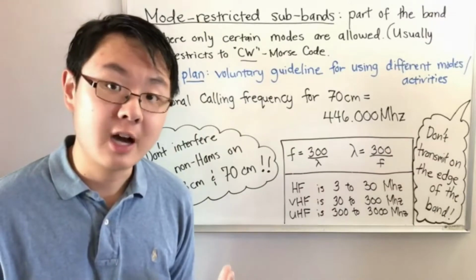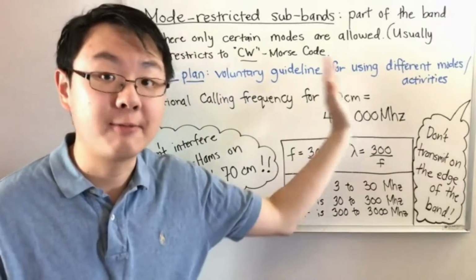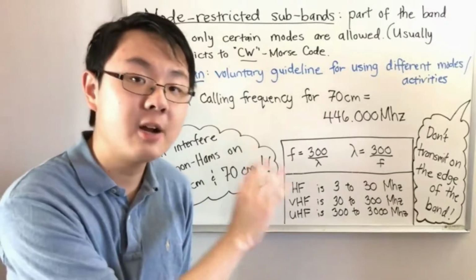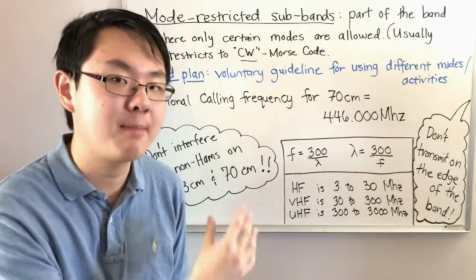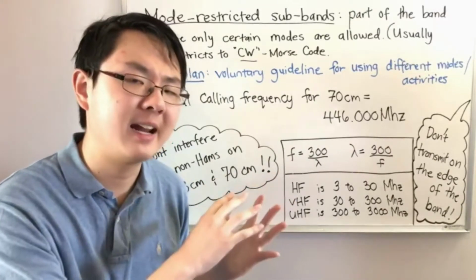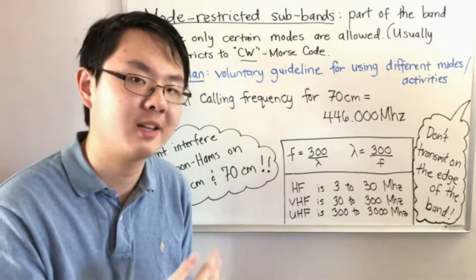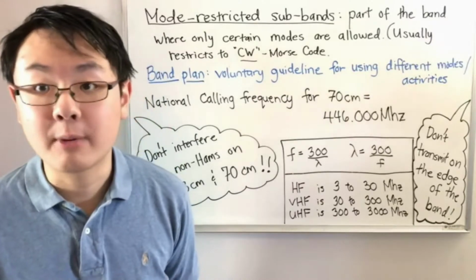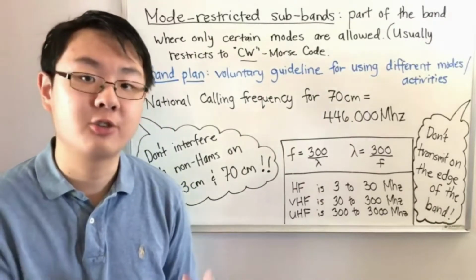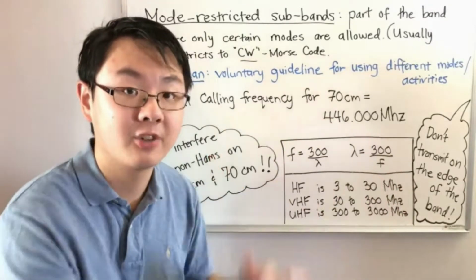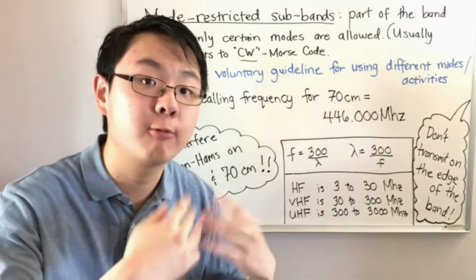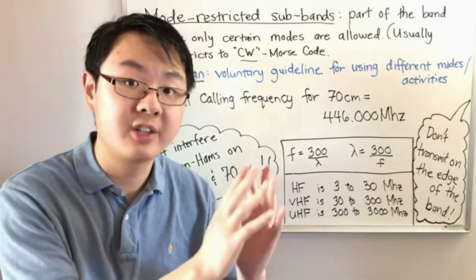Another reason to not transmit on the very edge of a band is because your display might sometimes be wrong. Your radio display might say you're transmitting on 148 megahertz, but it might be miscalibrated, and you might actually be transmitting on 149 megahertz, which is, again, not good. So your display might be wrong, or your signal might just be so wide that it goes outside of the band limits. Remember, we just talked about bandwidth and how when you're transmitting voice audio over ham radio, the signal is very wide.